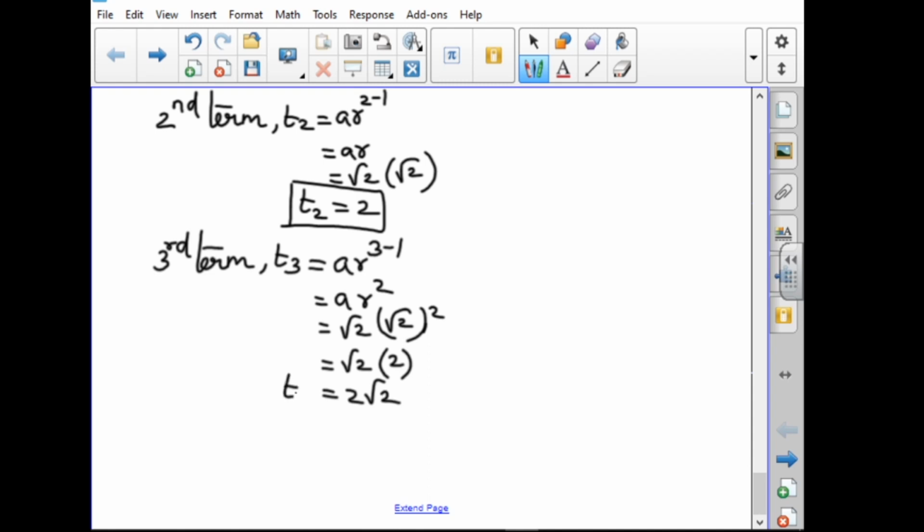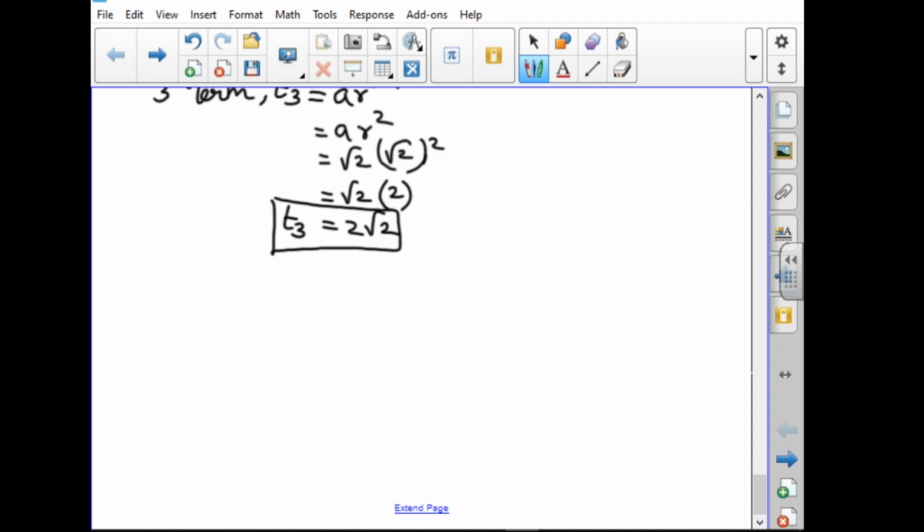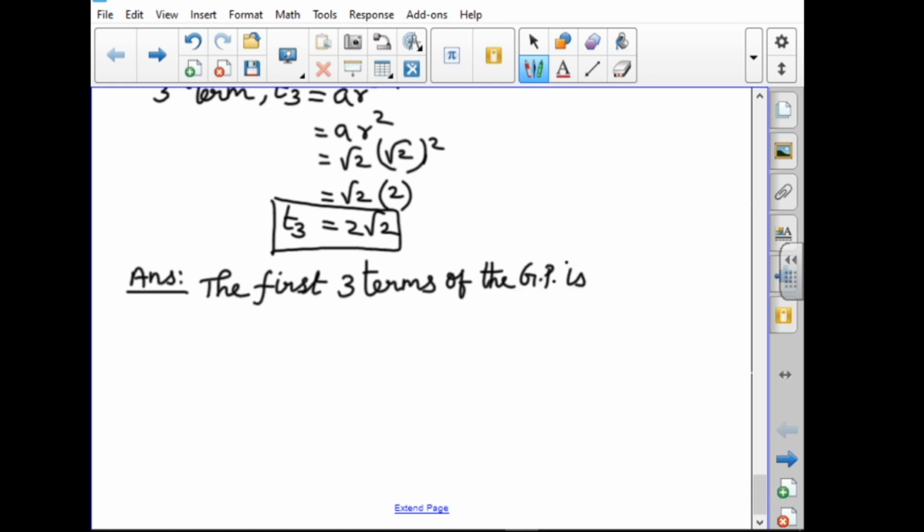This is the third term. Up to first 3 terms only we have to find. So we can write the answer. The first 3 terms of the given GP are root 2, 2, 2 root 2.